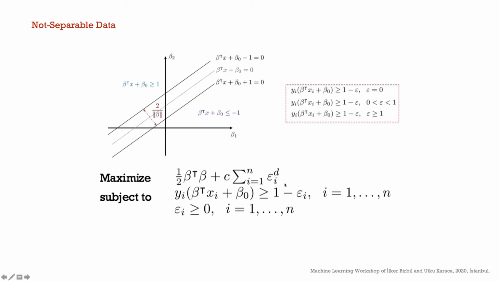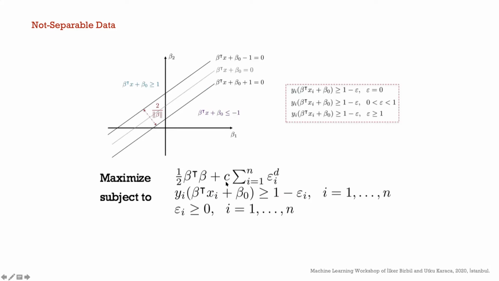And maybe you are familiar with this part from some methods. You already know lasso and ridge. And this part is really similar to that one. And generally, when we are using that epsilon, this D is going to be 1 or 2 in here. We can just maximize that part.